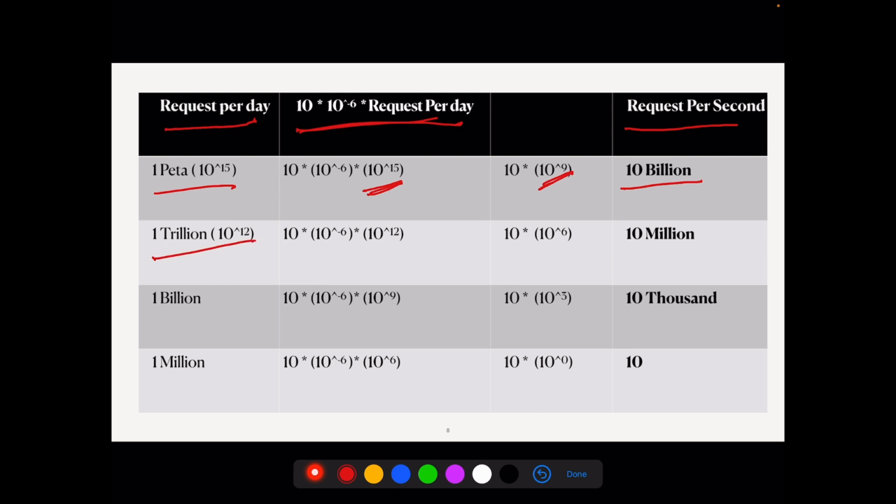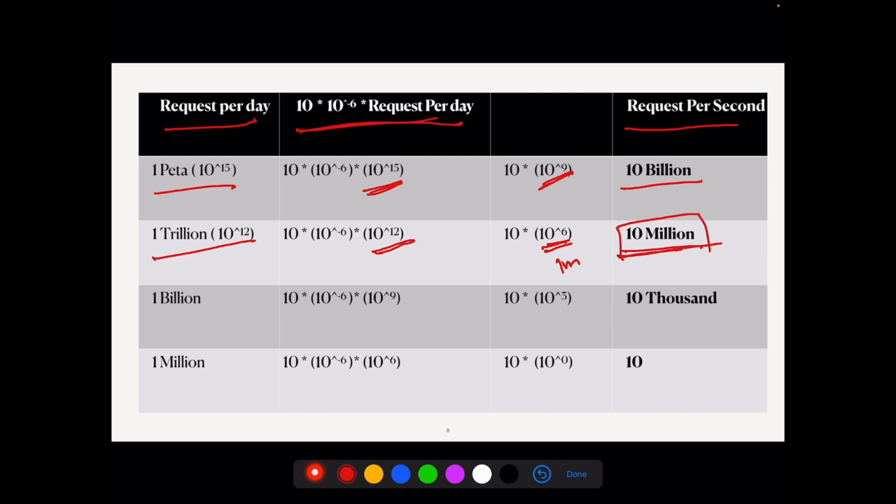So that's how very easily we can get this number. 1 trillion, how to represent it? 10 to the power 12. We will use the same formula and just replace the requests per day. 12 minus 6, remaining 6, 10 to the power 6. It is 1 million, then it will become 10 million. So to handle 1 trillion requests per day, we actually need to handle 10 million requests per second.